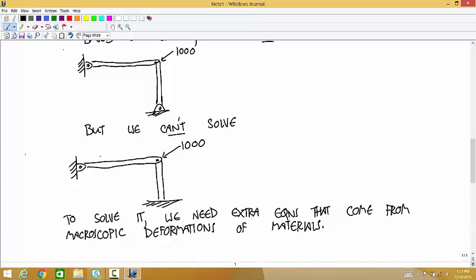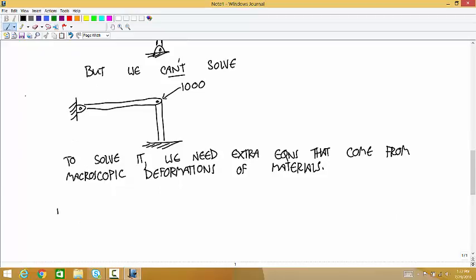We couldn't do that in statics because we didn't have a way to calculate these macroscopic deformations, how they relate to the loads, but now we're going to be able to. And so that's why these macroscopic deformations and statically indeterminate systems are sort of all one thing, because you use one to solve the other. Okay, so the first thing, part one of this section, is the macroscopic deformations of beams.